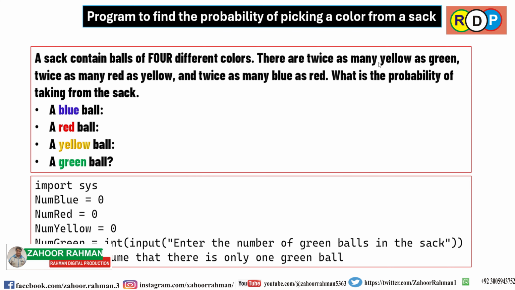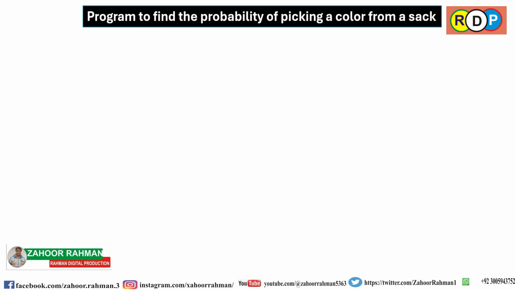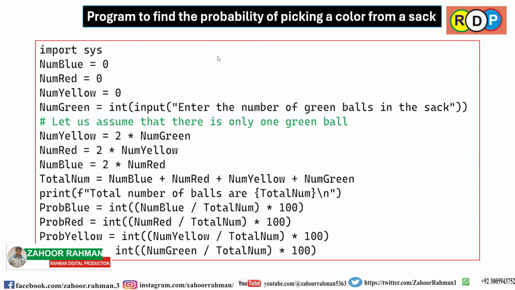So I will say number of yellow is equal to 2 number of green. First of all, you have to take either the value from the user of num green variable or initialize it by yourself. Both are correct, and whatever value you are giving to the num green, it is okay.